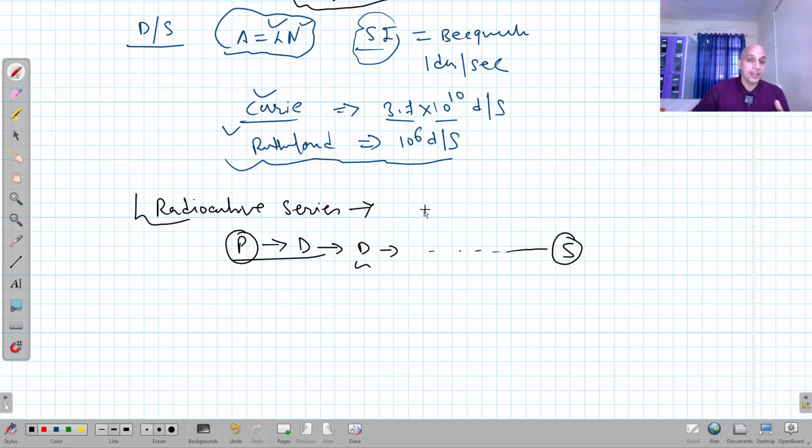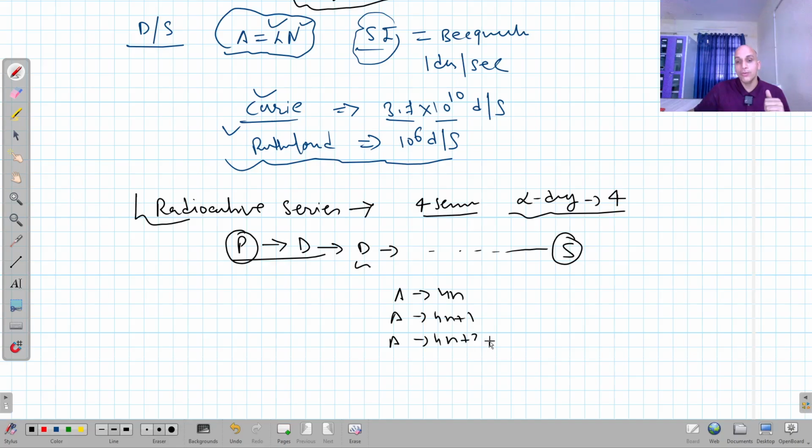Why am I taking only 4 series? You can ask a question: why in nature do we have only 4 series? This is because alpha decay reduces the mass number by 4. So only 4 series are possible. Why? Because we can have either A is equal to 4n, A is equal to 4n plus 1, A is equal to 4n plus 2, or A is equal to 4n plus 3.